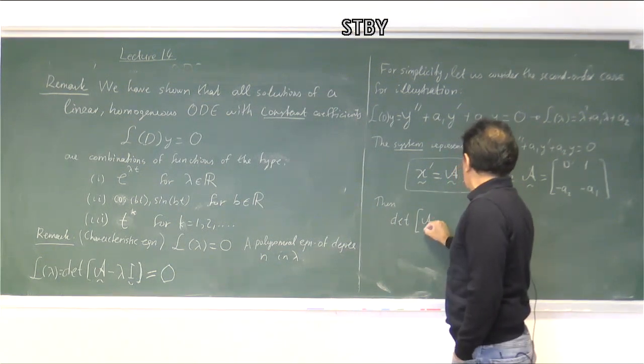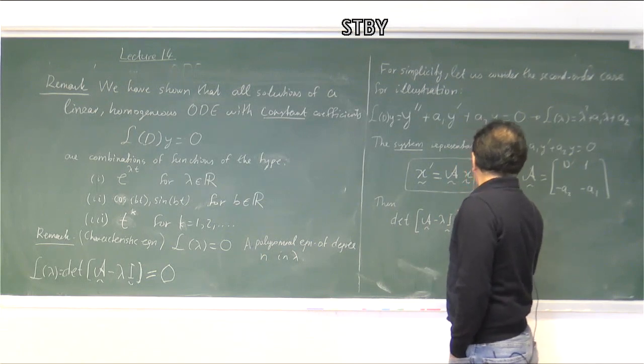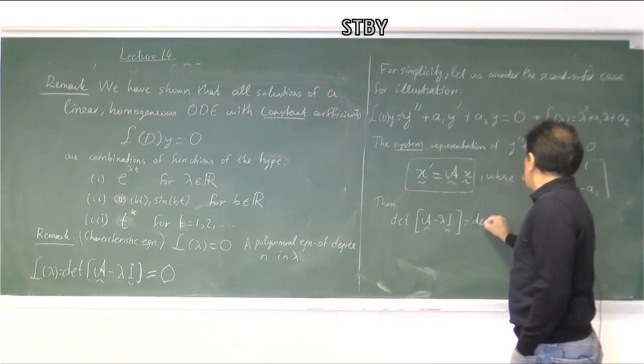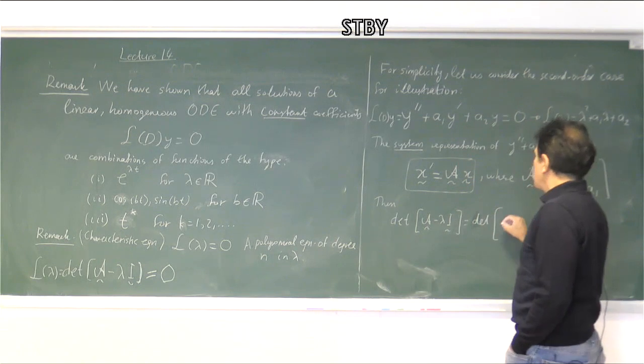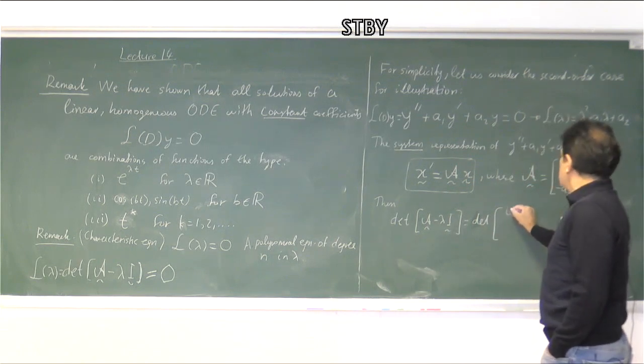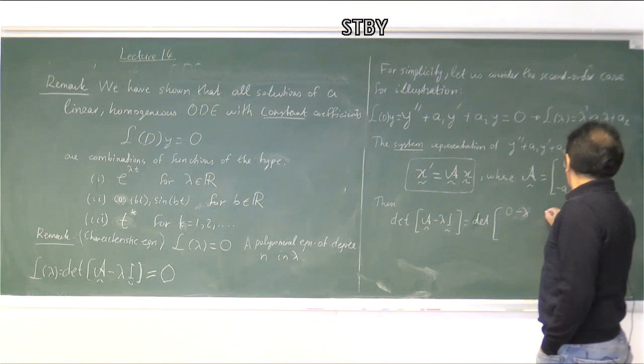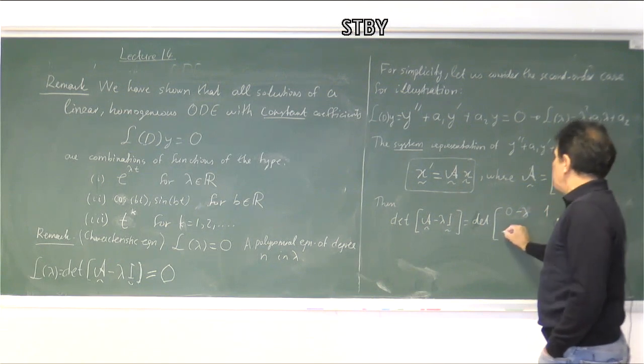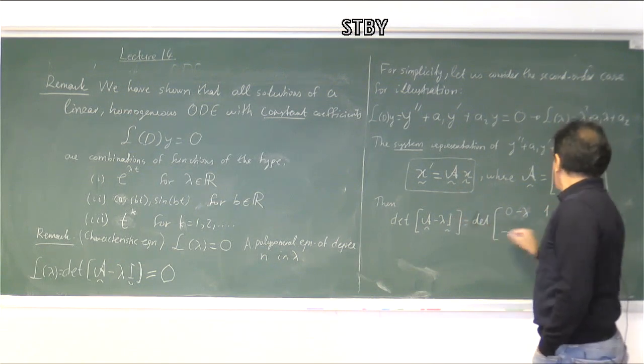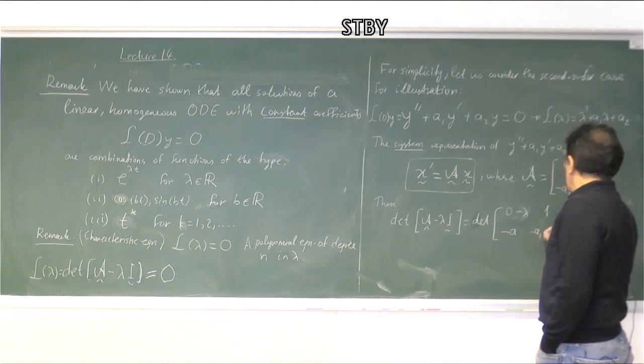A minus lambda times identity, that is the determinant of this matrix: minus lambda, 1, minus A2, minus A1 minus lambda, okay?